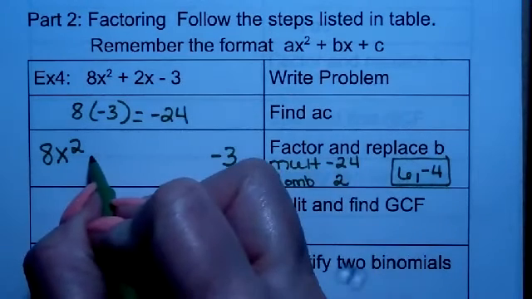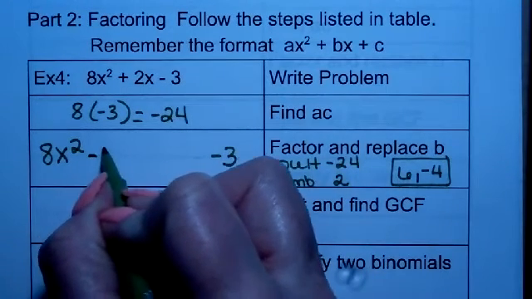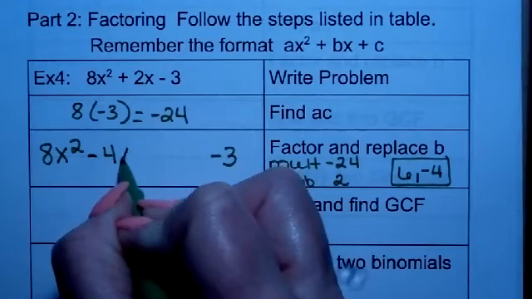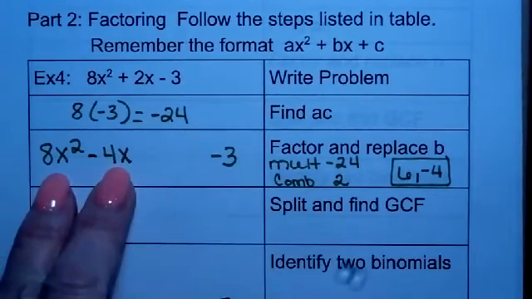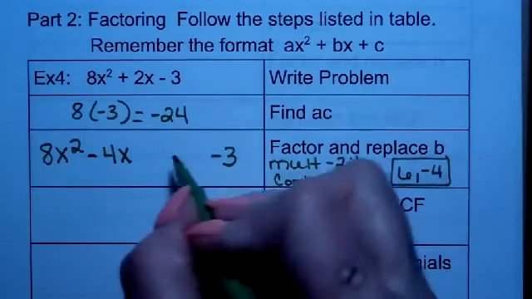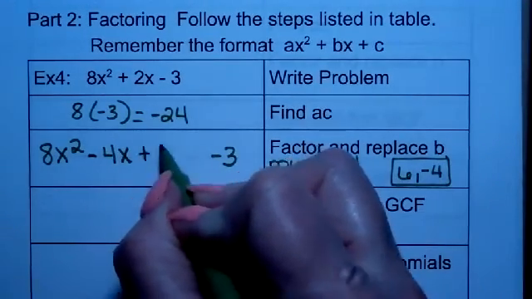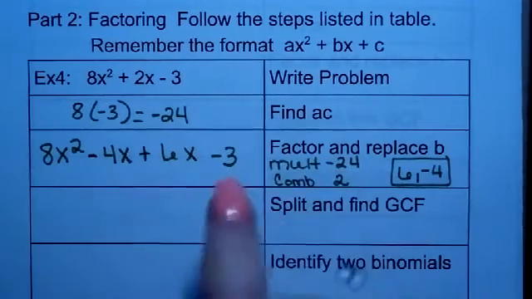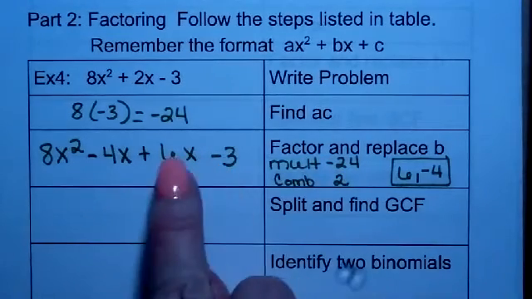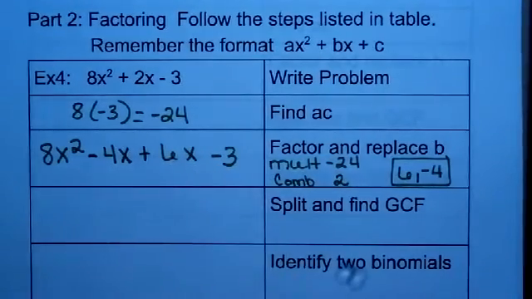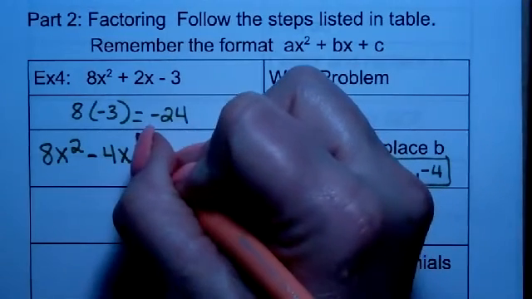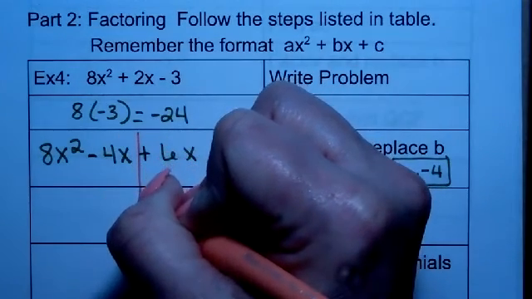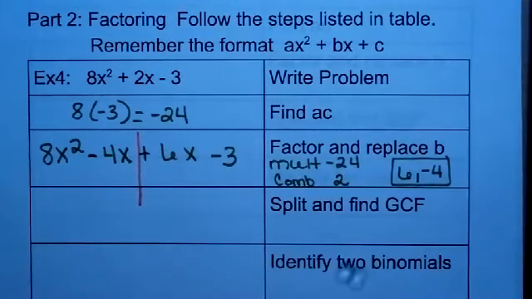I need to put the -4x with the 8x, and I need to put the 6x right here with the 3.